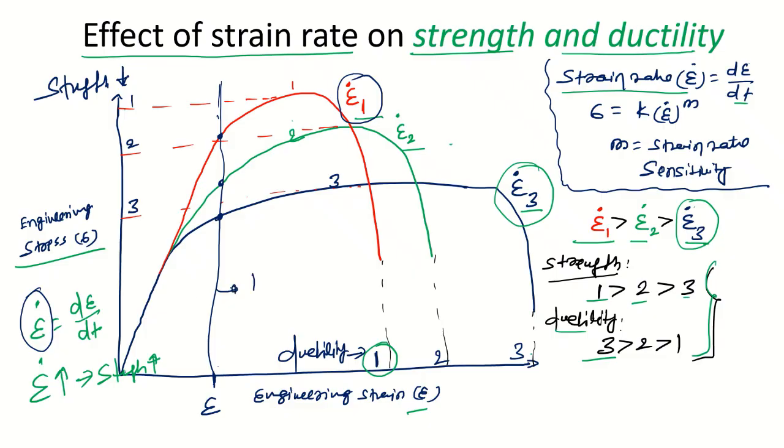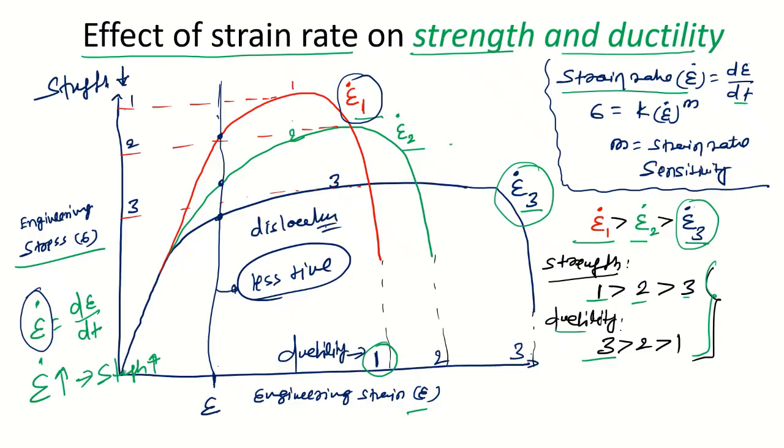Suppose that at this strain, the higher strain rate material takes very little time. So within that time, the dislocation generation is very high.